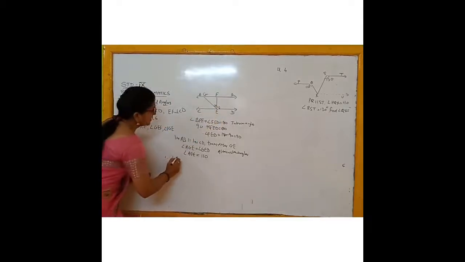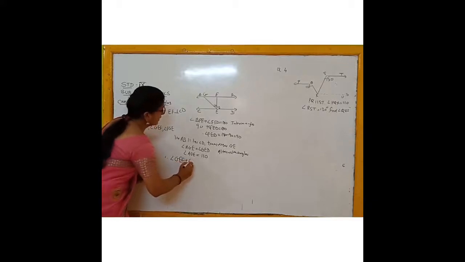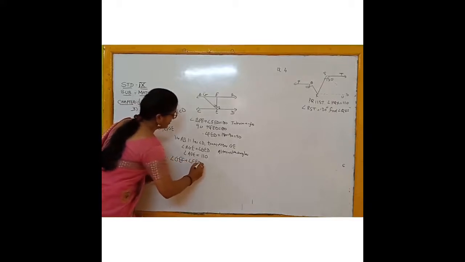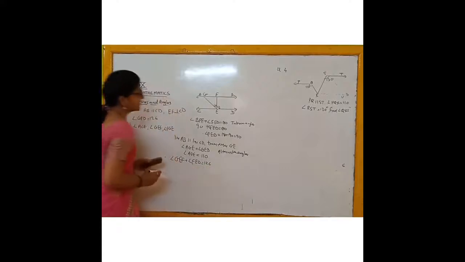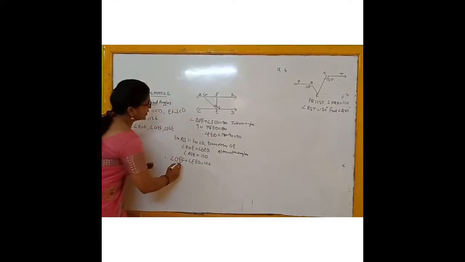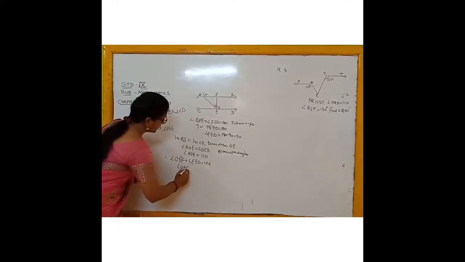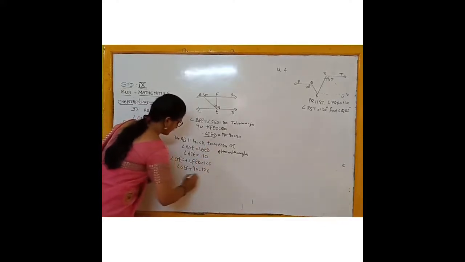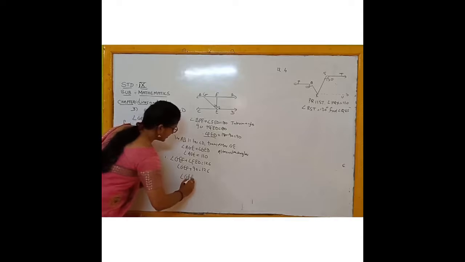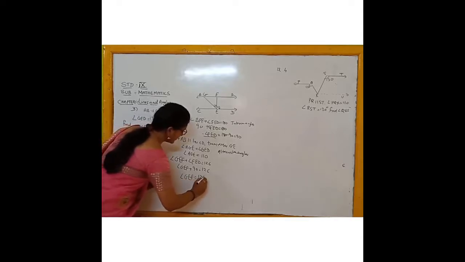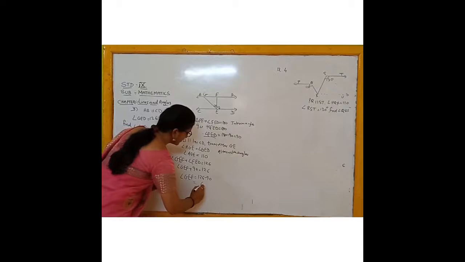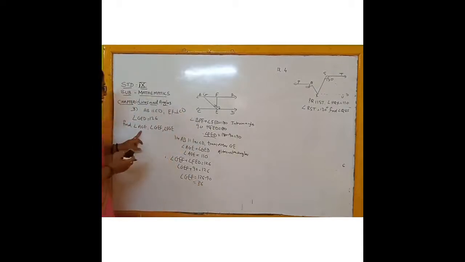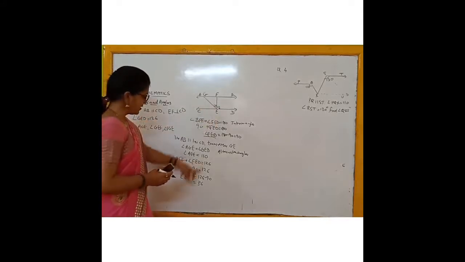Therefore, angle GEF plus angle FED is equal to 126. So FED is 90. This one is equal to 126. So angle GEF is 126 minus 90. What we got? AGE is 126. Now GEF we got, it is 126 minus 90, 36.